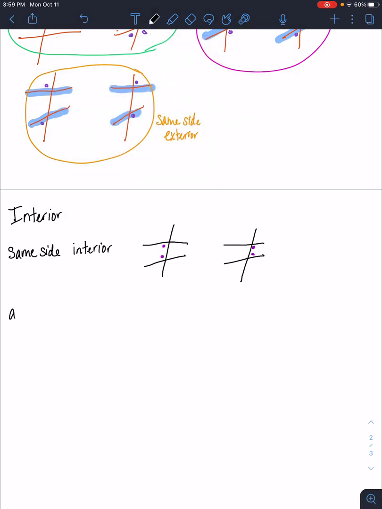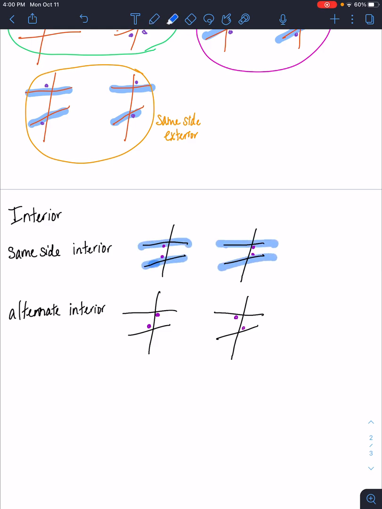Or we can have alternate interior, and those would look like this. Opposite sides of the transversal, but still inside of those blue lines, because again, remember, those two lines that I'm drawing horizontally are my blue lines. Now, they don't always have to be horizontal, but in the diagram that we were using on that first day of class, they were. So those all exist.